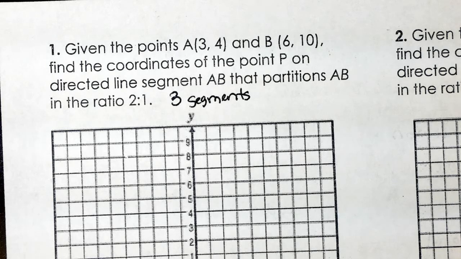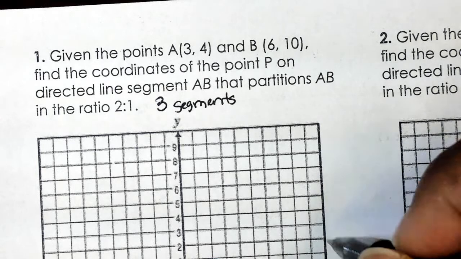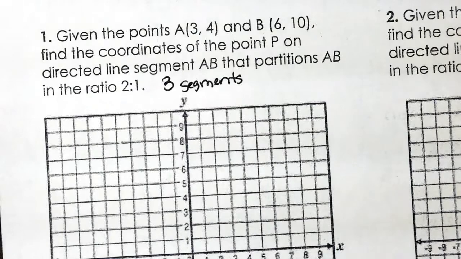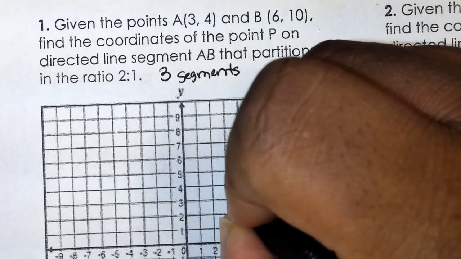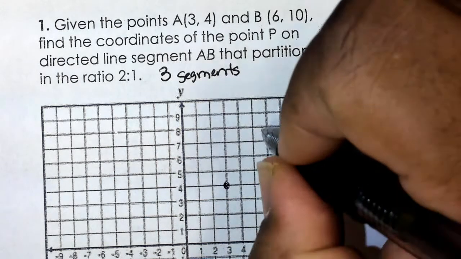Which side do I want to start on? Maybe I'll go on this side. Didn't leave out a lot of space, but it ain't going to be too much work on the easy ones, so you'll be okay. Next thing you want to do, let's graph this segment AB. So 3, 4, and then 6, 10.